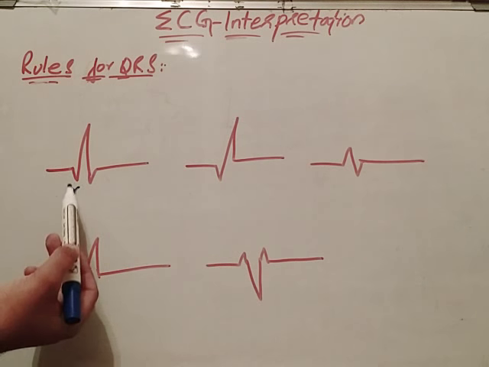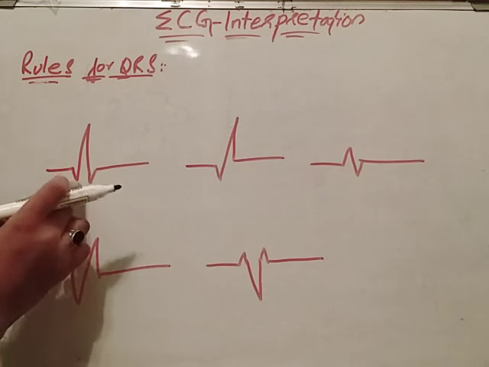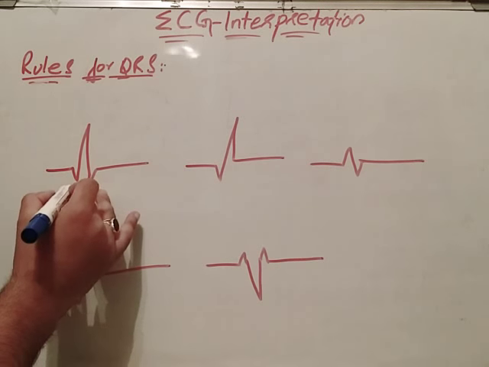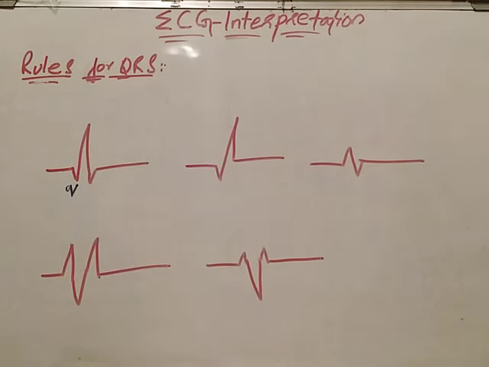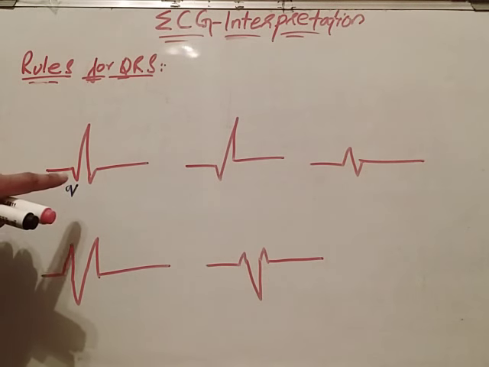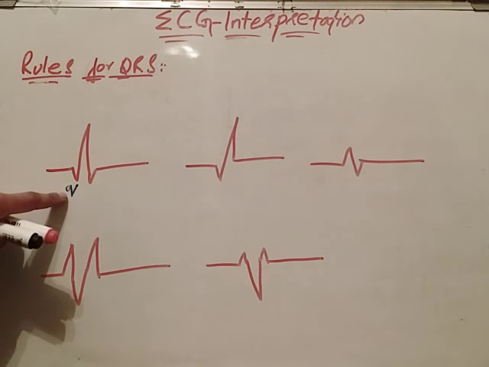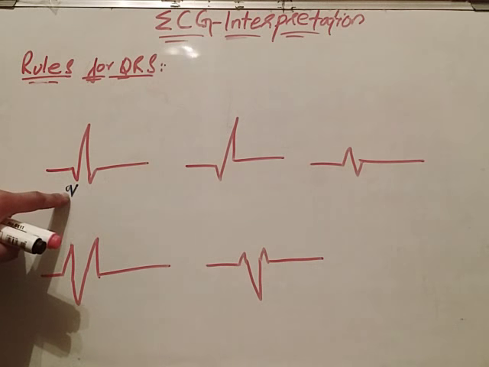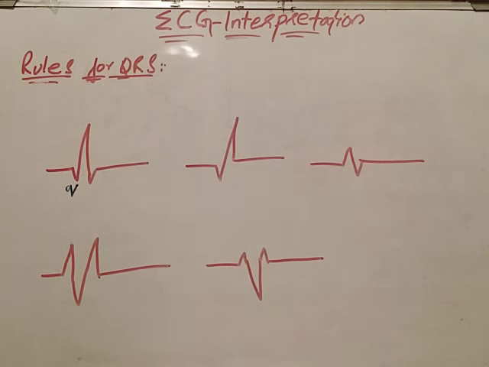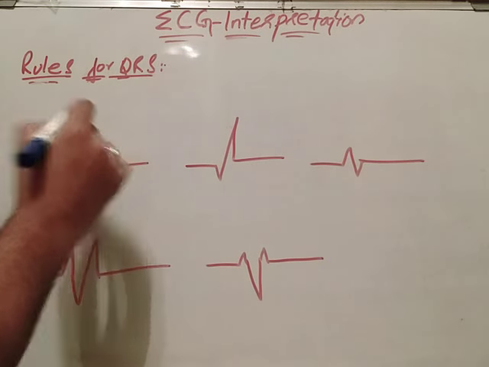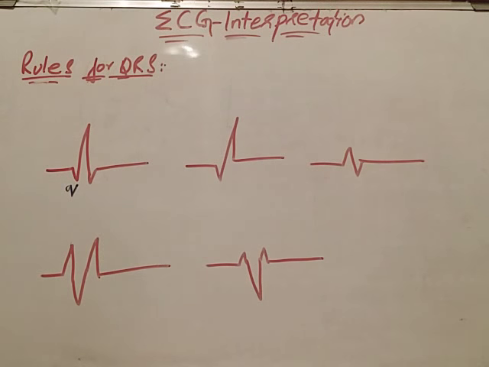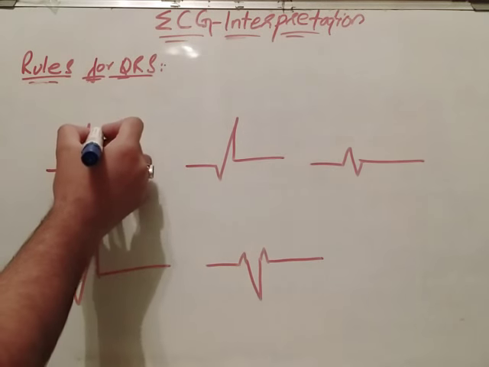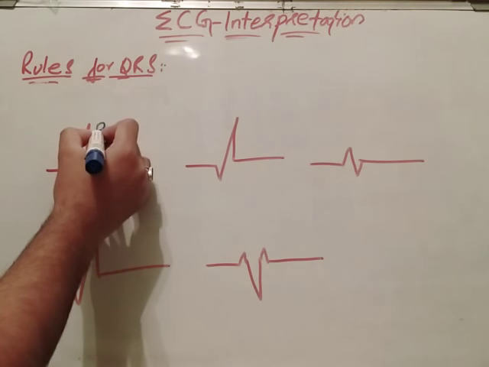So it will be the first negative. The initial negative will be small q or capital Q, but here it is small, so I am writing a small q. And the first positive wave will always be R. So it is large, so I can write R here.